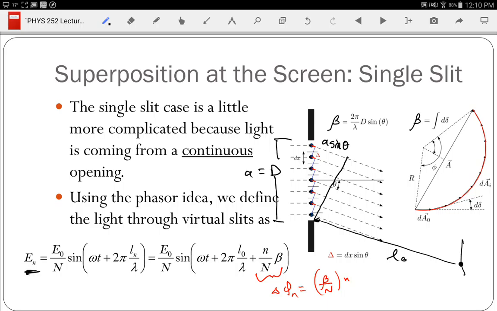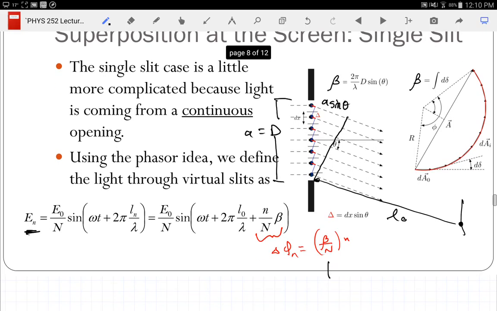I take that total of a sine theta for distance, divide it by the total number of slits, capital N, and that tells me how much more each slit's path length is going to be. Then for the nth slit, it's going to be n times that incremental increase, lowercase n. And so this lowercase n is the path length difference, excuse me. Well, actually, using beta, it is phase.